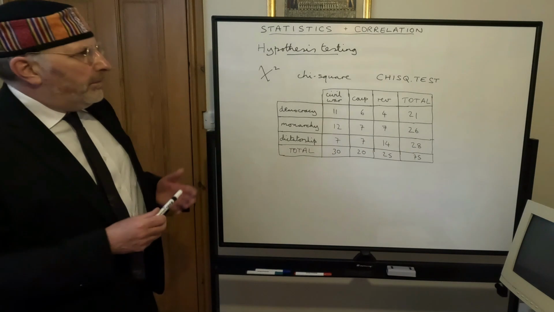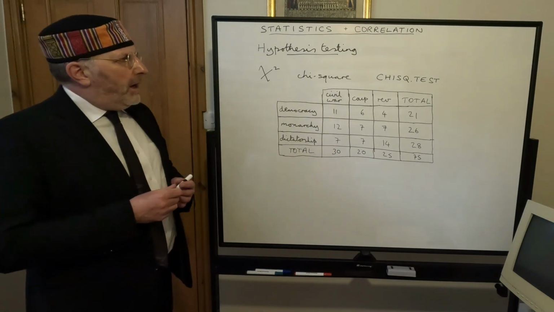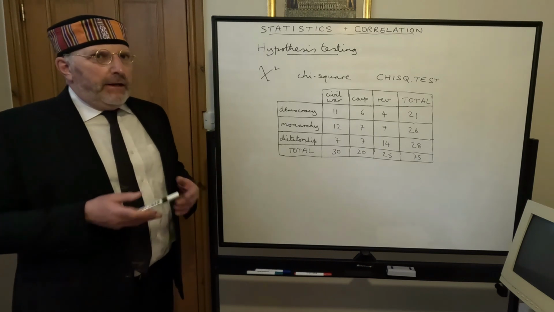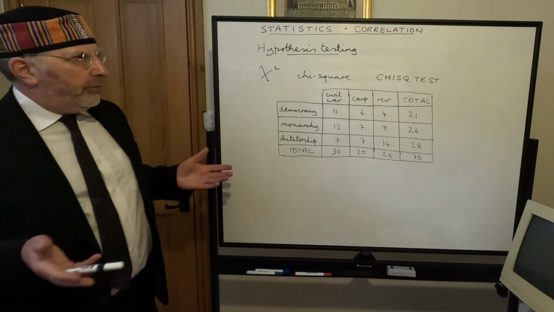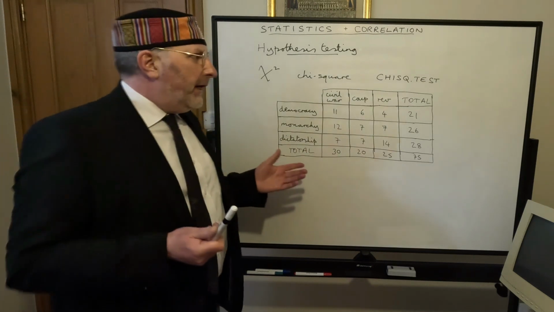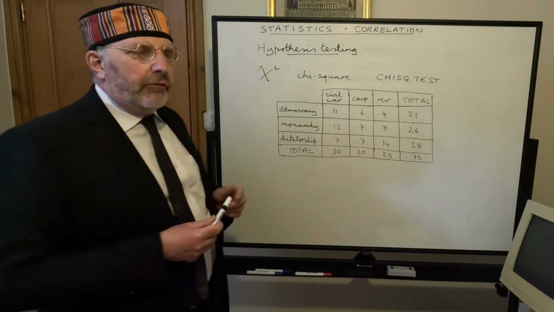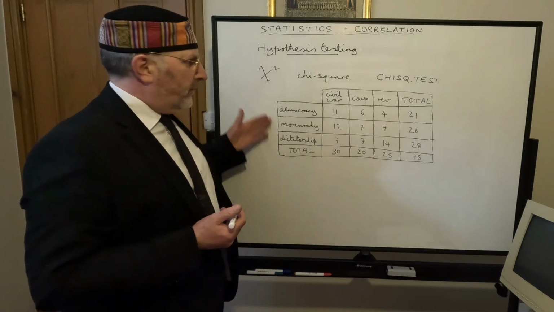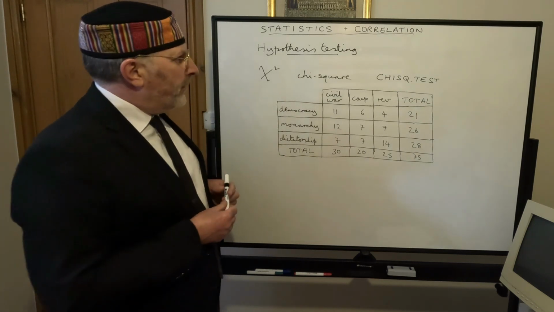Okay, so here's some imaginary data based on a theoretical historian who's studying the incidence of different types of political violence in three different types of polity, or societies with different political institutions.